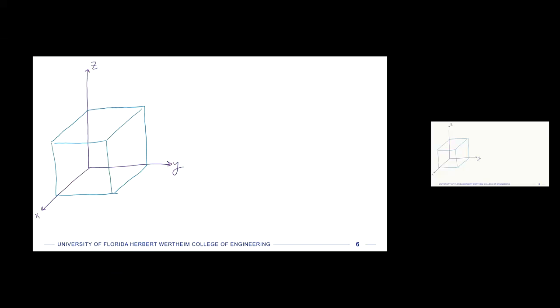It's good to practice drawing and sketching in 3 dimensions. And so we will have some dimensions of this cube related to the axes.